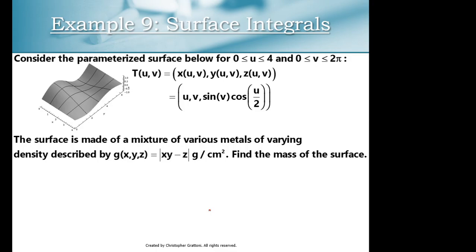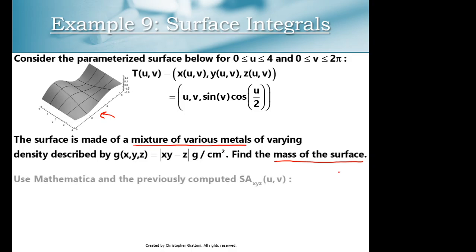A cool application of this material is if you pretend that this piece of surface is a really thin piece of metal, like it has a thickness, but its thickness is inconsequential because it's so thin. And if you pretend that the surface is made of a mixture of different metals that have varying densities, we could find the mass of that piece of surface as long as we put that density function into our surface integral.